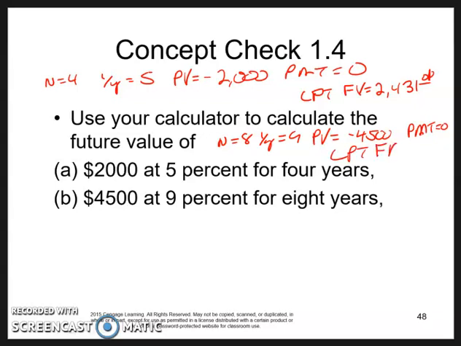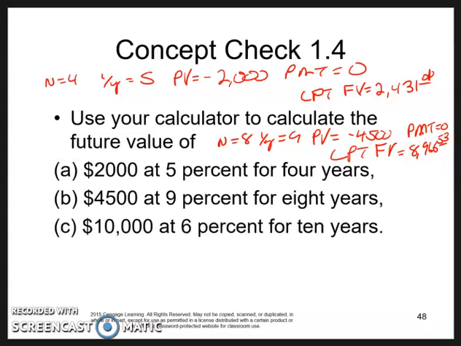Plugging that into my calculator: 8 N, 9 IY, 4,500, again that's a negative, and 0 payment. That one is $8,966.53.